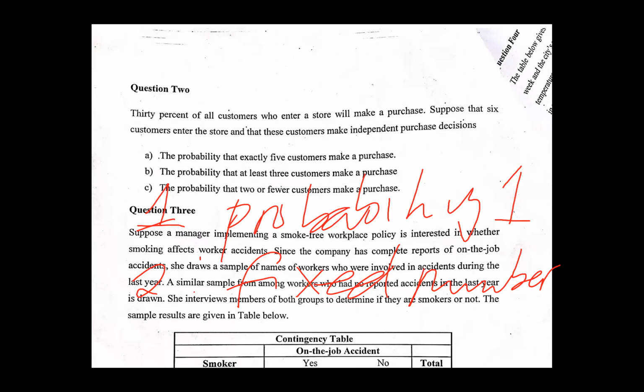For example, your question has already given that 30% of all customers who enter stores, meaning it's fixed. Every time customers enter, 30% of them will make a purchase. That is our P.